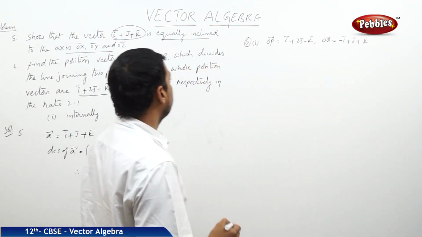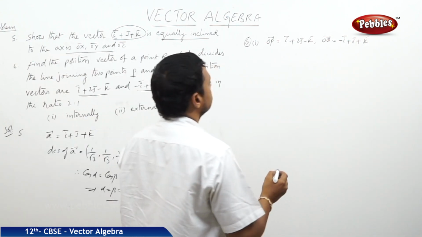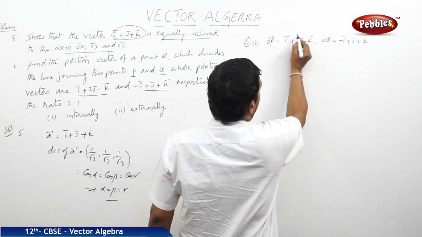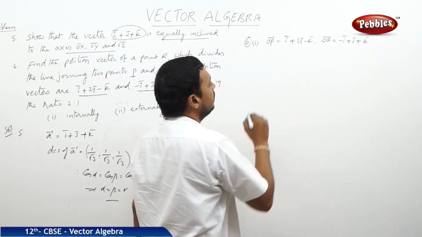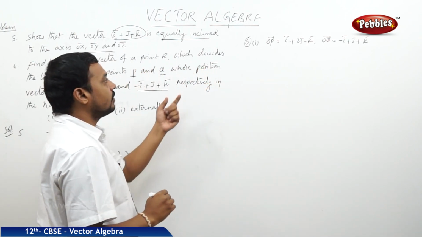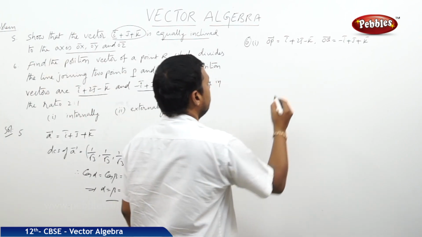Now let us find the position vector of R. Let it be a bar and b bar, and R divides PQ in the ratio 2:1.